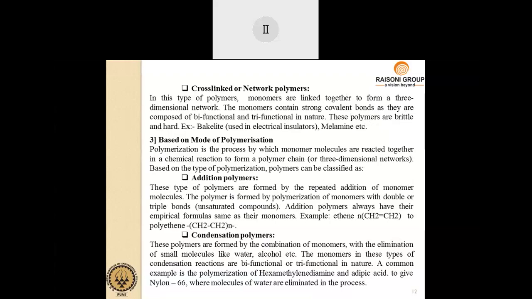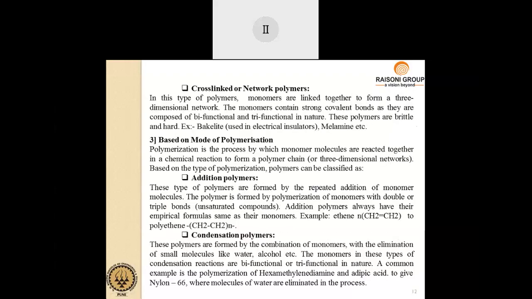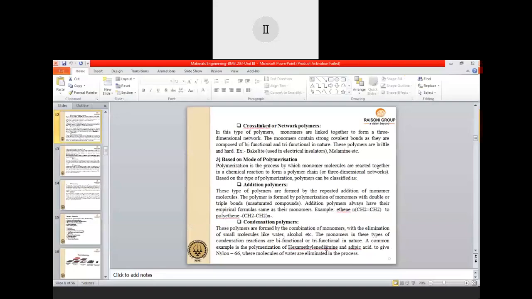These contain strong covalent bonds as they are composed of bifunctional and trifunctional monomers.